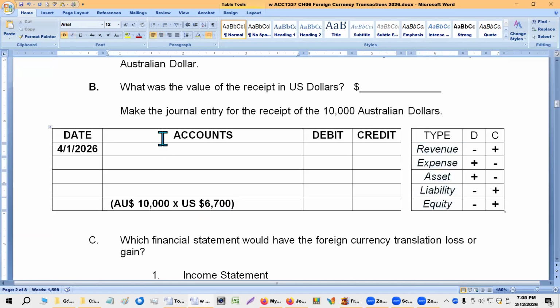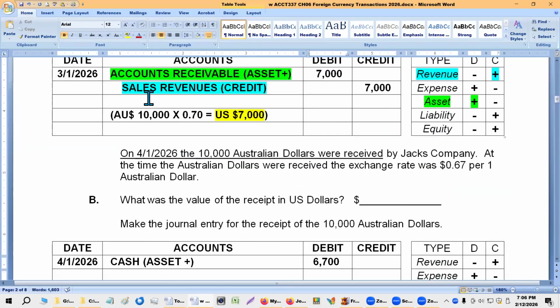Asset going up, so it's going up with a debit of 6,700. Now we have to take off this accounts receivable, and we have to take all of it off because they paid in full.